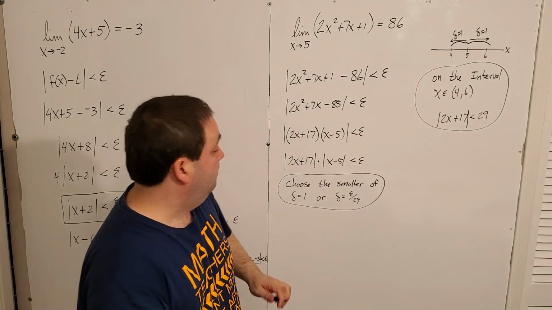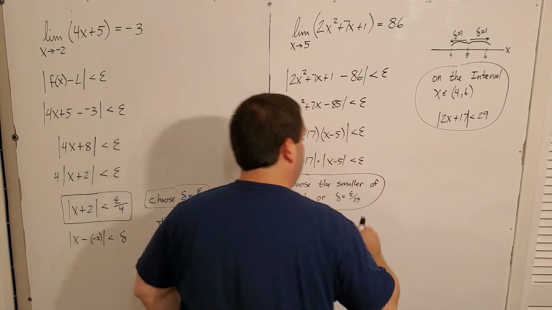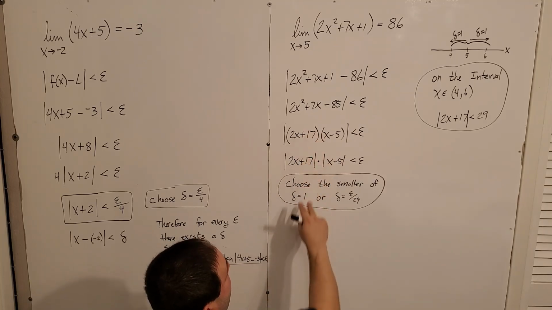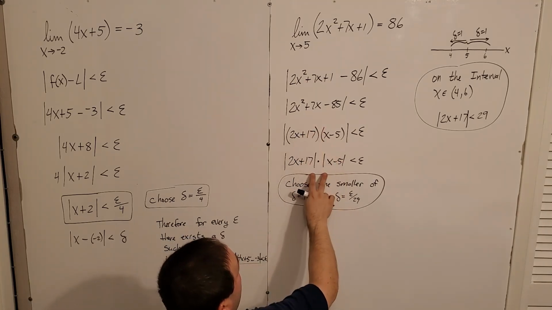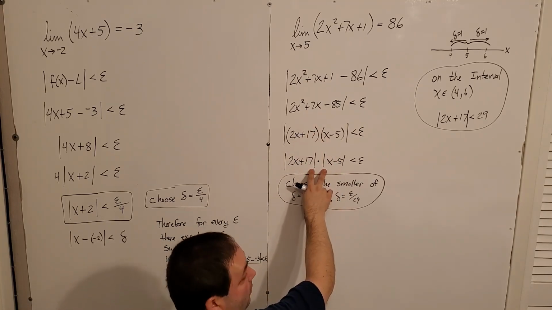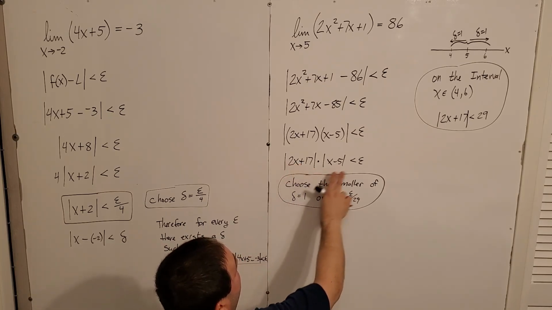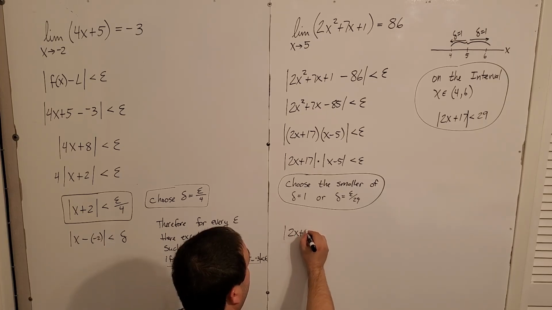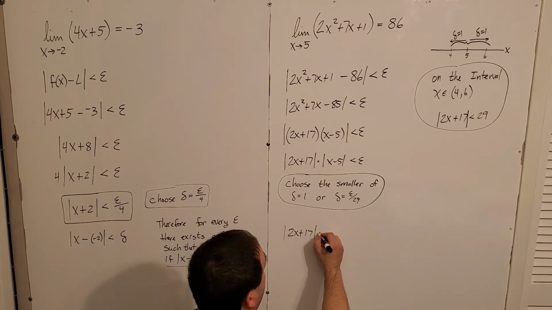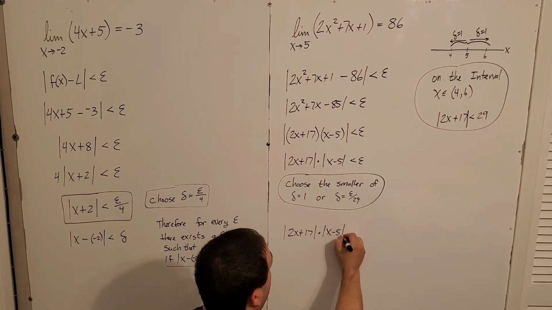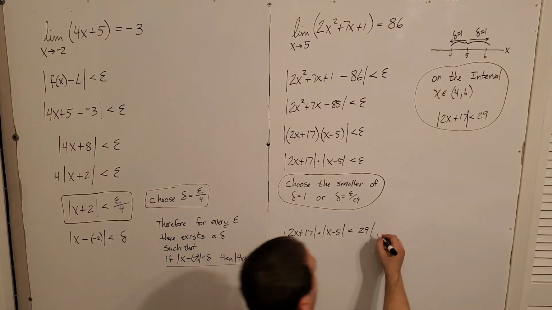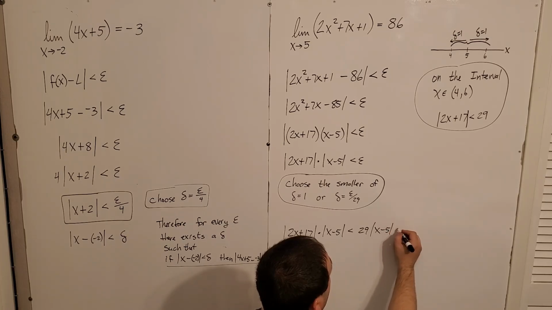Okay, so right here, what I can show is that this right here is equal to this, and this is less than 29 times x minus 5, right?